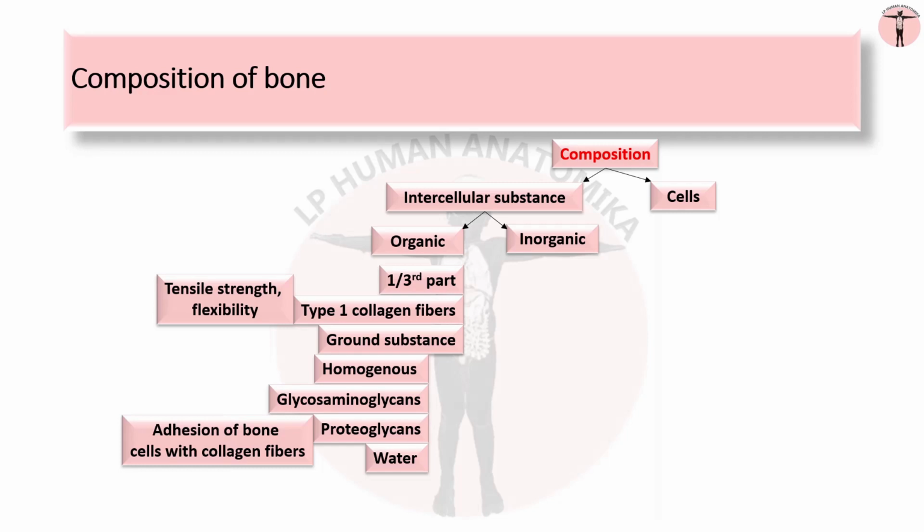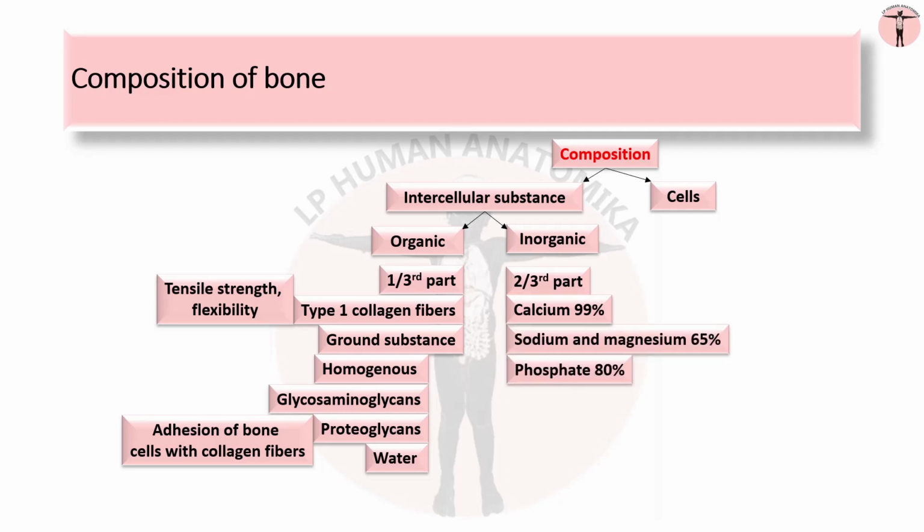Inorganic matrix makes up 2/3 of intercellular substance, consisting of mineral salts. The most important constituents of bone salts are calcium, which accounts for 99% of inorganic matrix, sodium and magnesium accounting for 65%, phosphate accounting for 80%, and the rest being carbonate, chloride, fluoride and citrate.